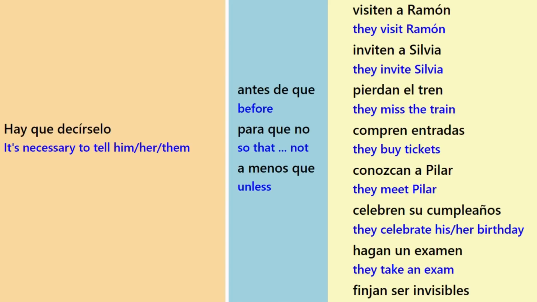We should tell them unless they know Pilar. How about hay que decírselo para que no pierdan el tren.